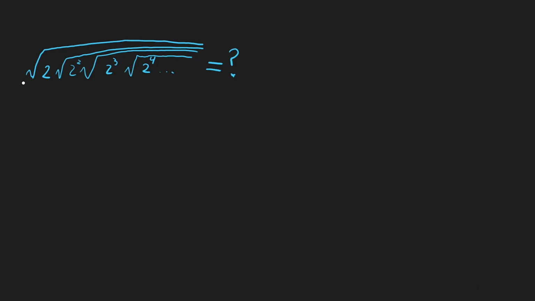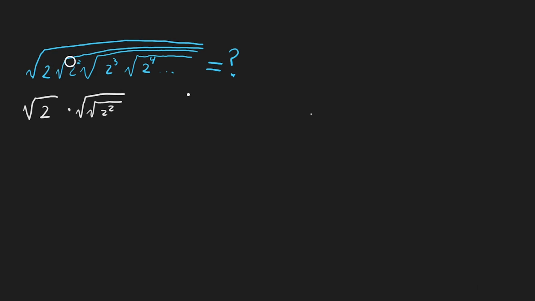We'll calculate this today, and first we will try to rewrite this in a different way. First of all, we'll see that when we have these roots, we can put them outside of each other. So we have the square root of 2 multiplied by the square root of 2 squared.